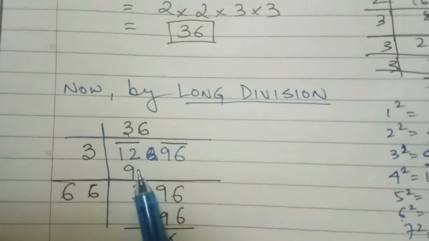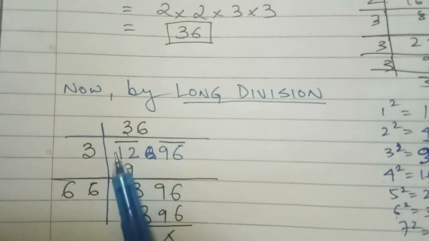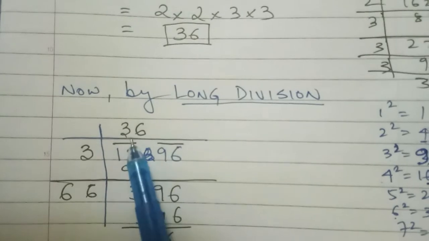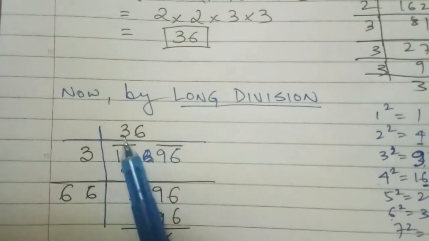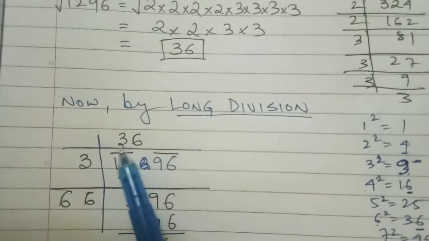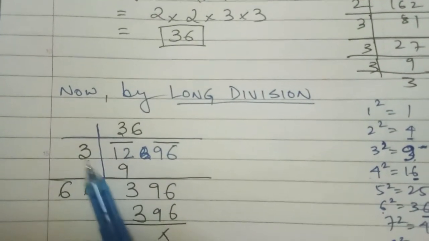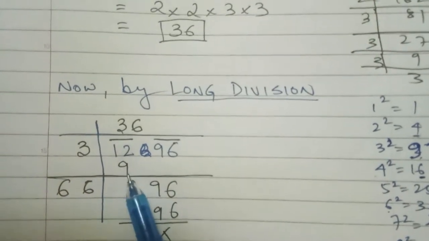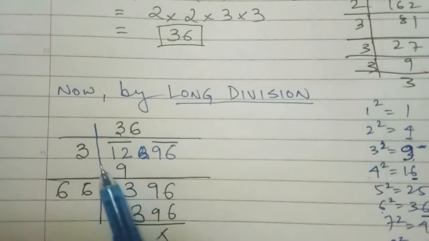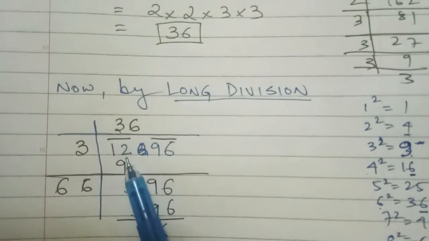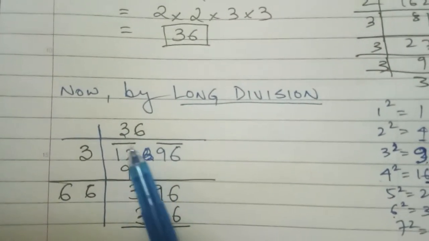You have to write down the square nearest to this pair. Suppose I take 3 4s are 12. No, you have to write down the square. If you take 2, then 2 2s will be 4. If you take 4, 4 4s will be 16. 5 5s will be 25. Like this, always write down a square less than this pair, not more than this pair. It will be less than this pair, but it should be nearest to this pair.